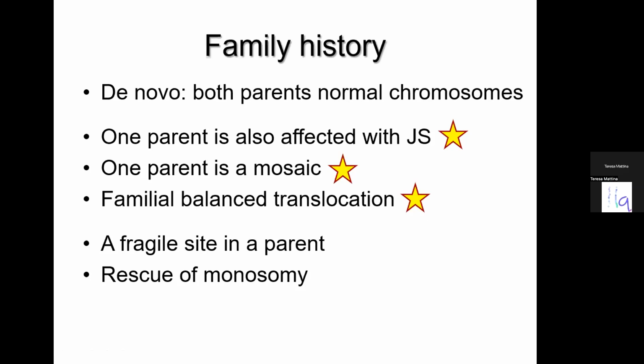The mother, after the test was performed, turned out to have had Jacobsen syndrome as an embryo, but the chromosome that had lost a piece of 11q was restored in the prenatal period, and the mother was normal.